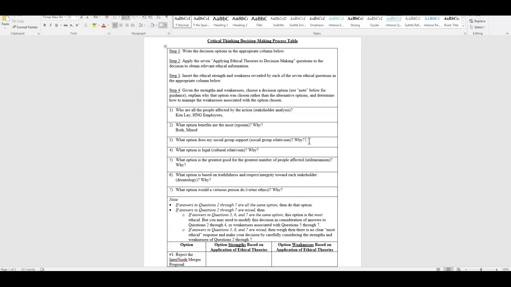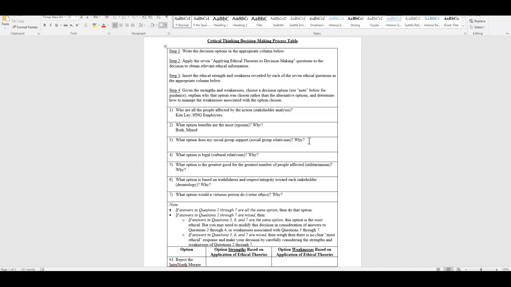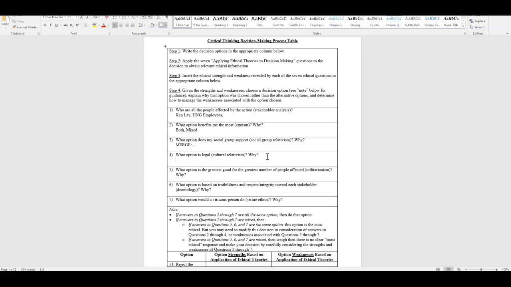In the long-term interest, it might be better not to accept this, but I'm not sure. So I'm going to say, what is it going to be? Accept the merger, merge, and I'll explain why there. Which one is legal? That's the next question. Both options are legal.